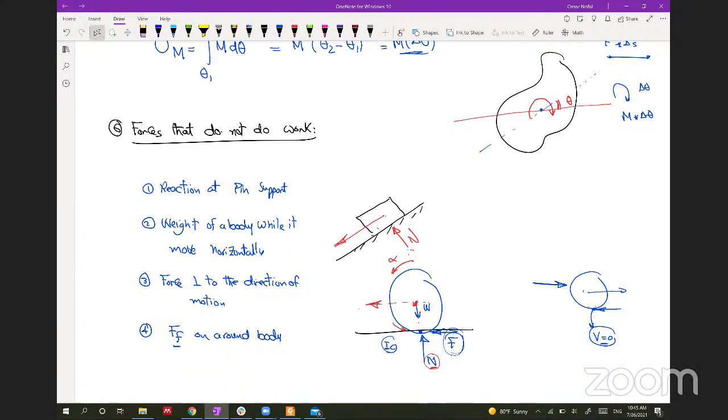And also the forces at the supports, reactions. So these are the cases where the forces don't exert any work on the body.